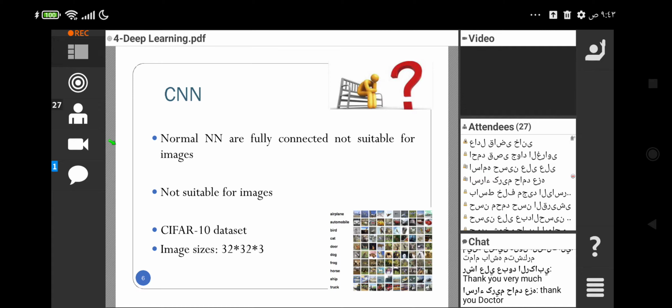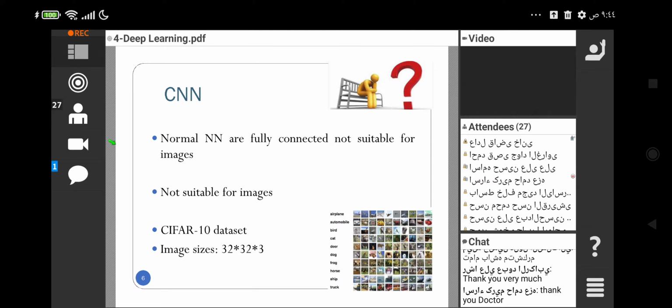We said that in classification, we have a limited number of classes. For example, in the example about fruits, we had two classes, apple and pear. Here in this data set of images, CIFAR 10, we have 10 classes of images.